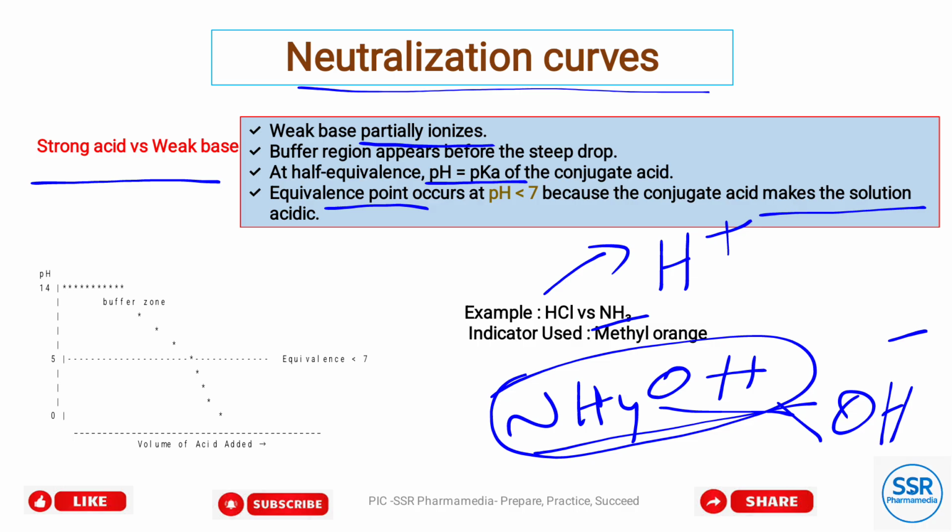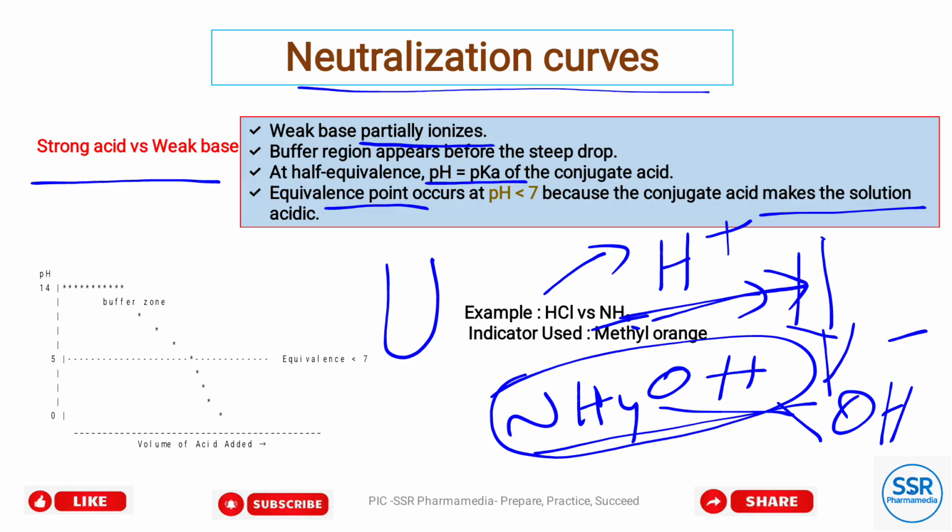When we are doing this titration, initially we take the ammonium hydroxide, the base, in the conical flask, and the HCl in the burette. So the volume of acid is added.